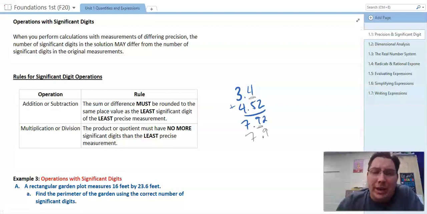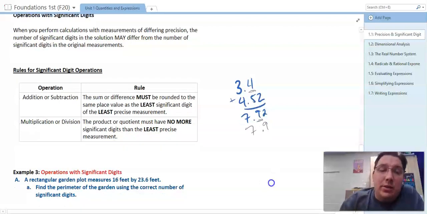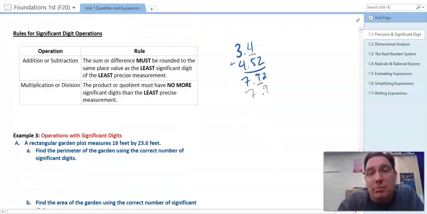Multiplication and division. It's a little different. The product or the quotient must have no more significant digits than the least precise measurement. And so what that means is this.